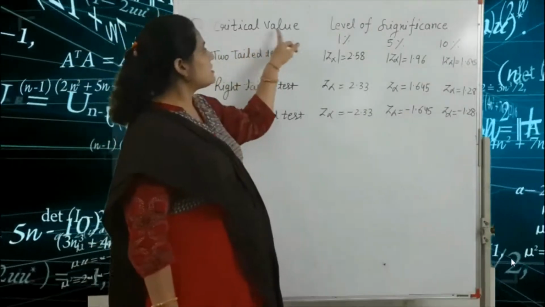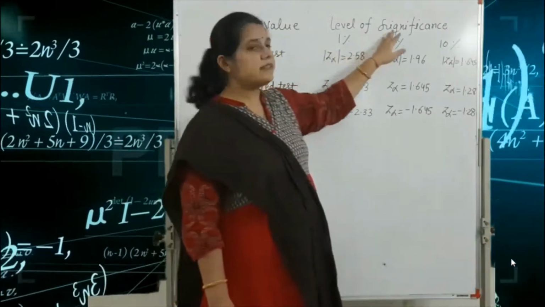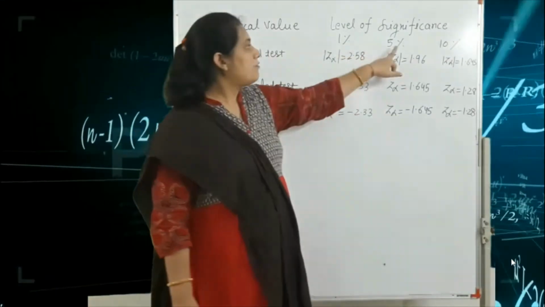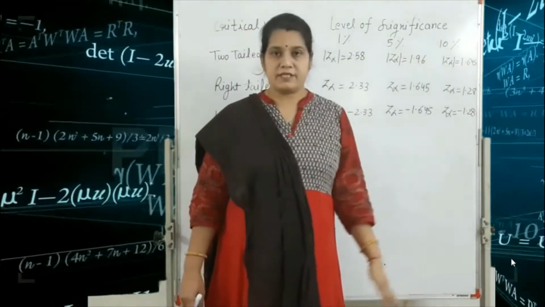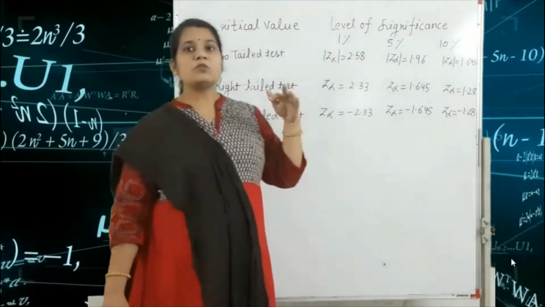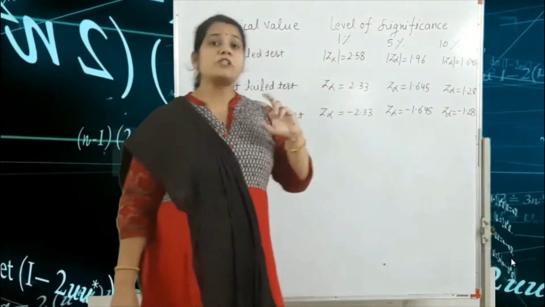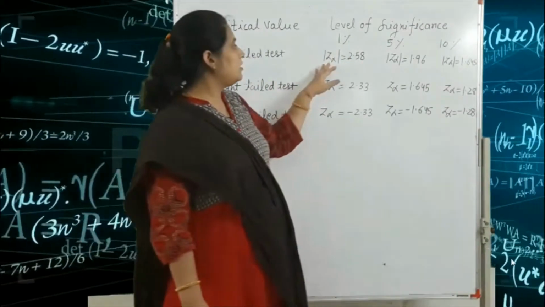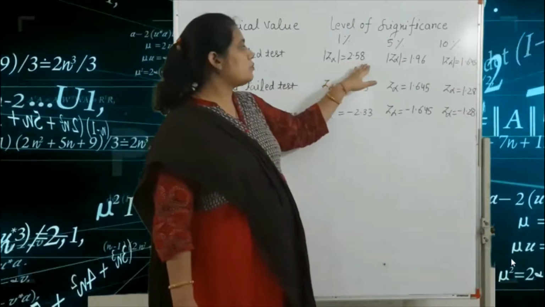Okay, so here this is a critical value and here we write the level of significance, that means 1%, 5% and 10%. In case a question is given in the two-tailed form, for 1% level of significance, our value mod of Z is equal to 2.58.